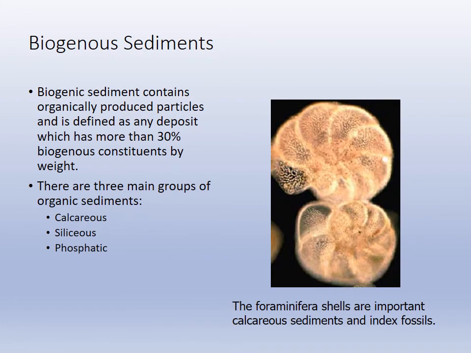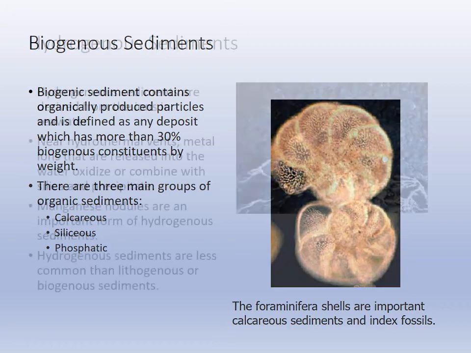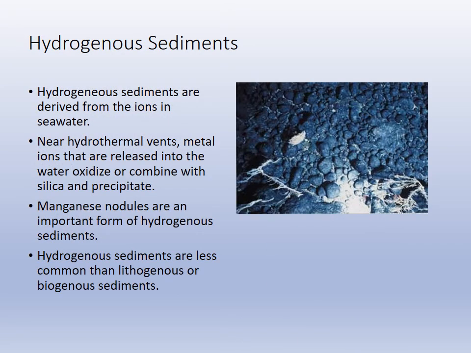There's biogenous sediments, like we said. You can have the calcareous or calcium-based shells, the siliceous, and even phosphorus-based life. The foraminifera shells are just one of the plankton that contribute. Hydrogenous comes from the precipitation, generally due to temperature.